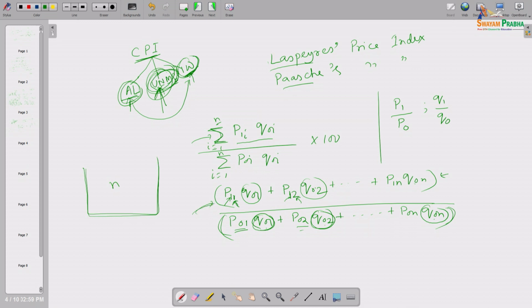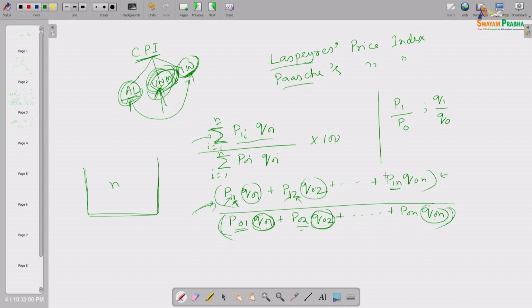So the numerator tells us that if I want to purchase the same consumption basket today, in 2020, what would my expenditure be. Look, P1n means today's market price of the nth commodity, but at that price I purchase the quantity I was consuming in 2015, say 5 kg, which is Q0n.